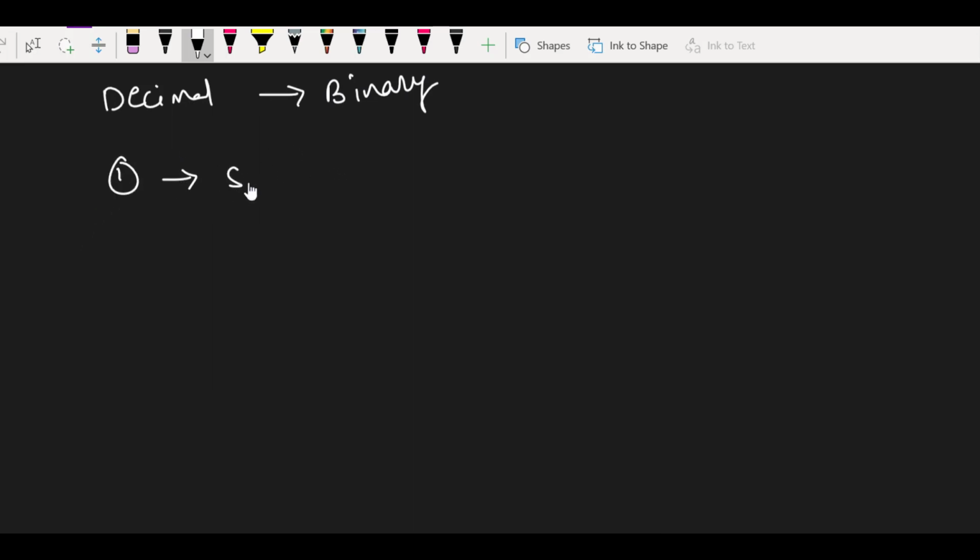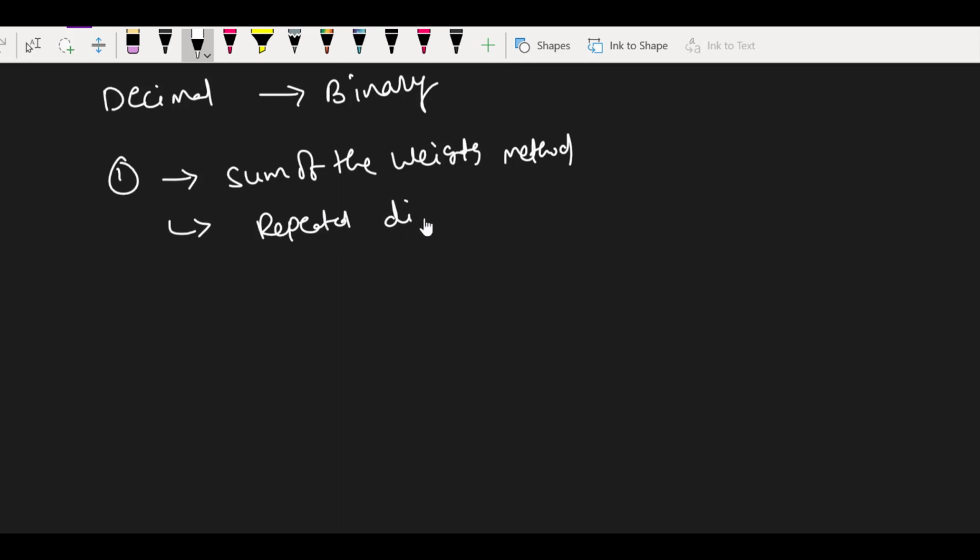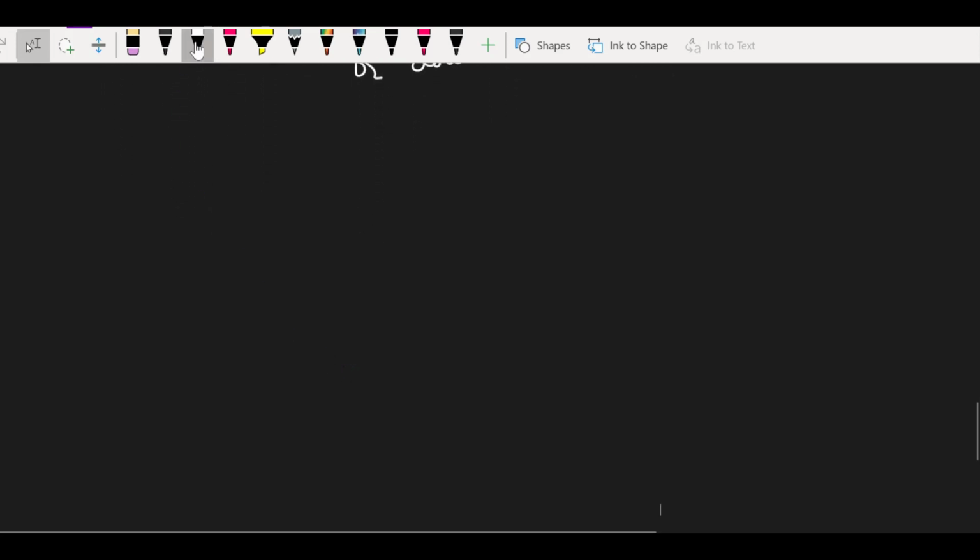The first one is the sum of the weights method, and the second one is repeated division by 2, or we call it the double-dabble method. We'll take a simple example and explore how we can convert using both methods.